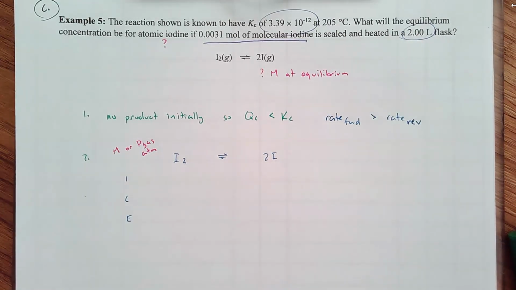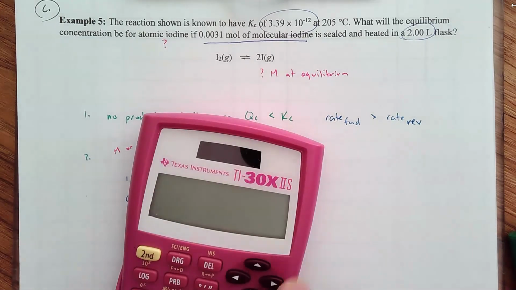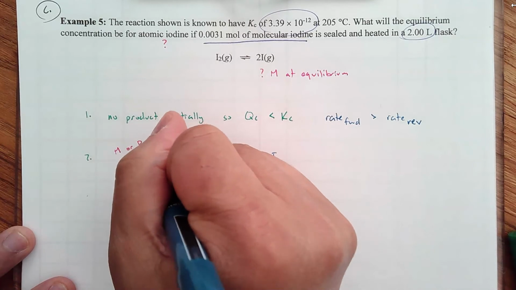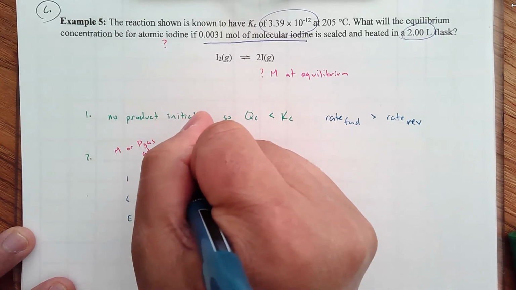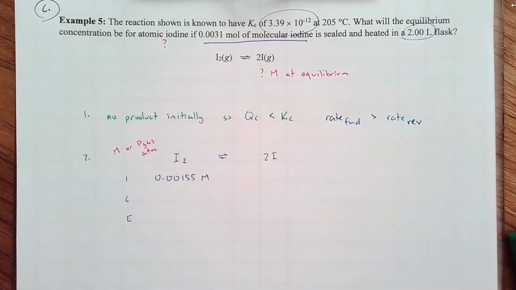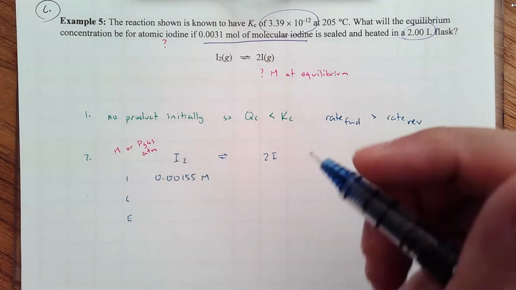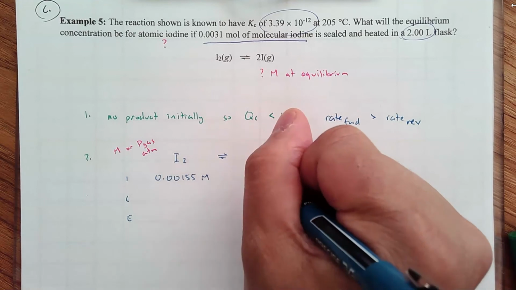So that would count as a concentration for a gas. What is the mass per volume? 0.0031 divided by 2. Okay, so that is a molarity for a gas. 0.00155, and I'll put here M. You don't have to, but I like to remind myself that I am using molarities. This is 0.